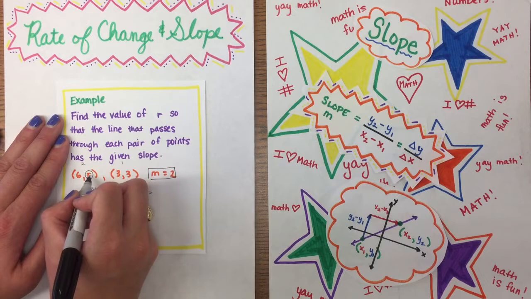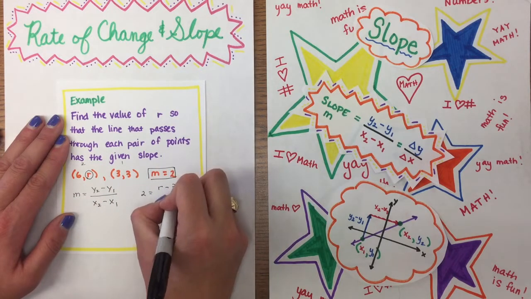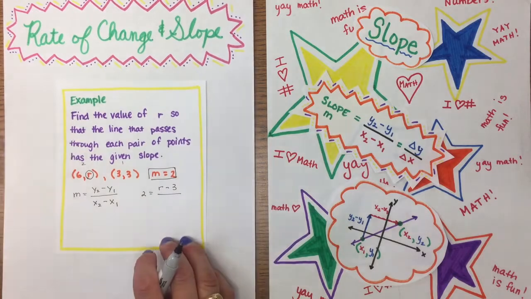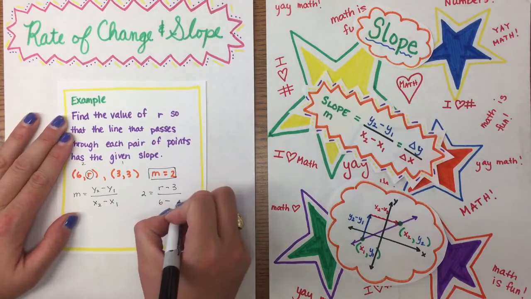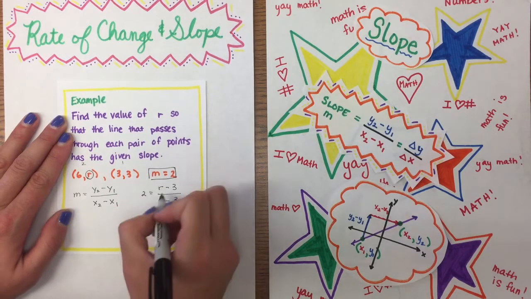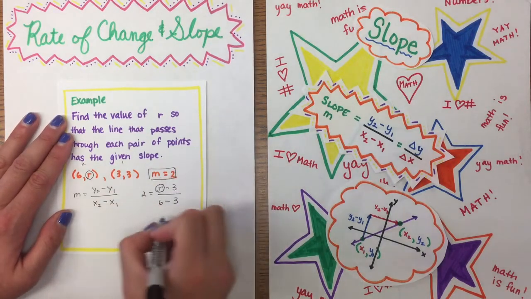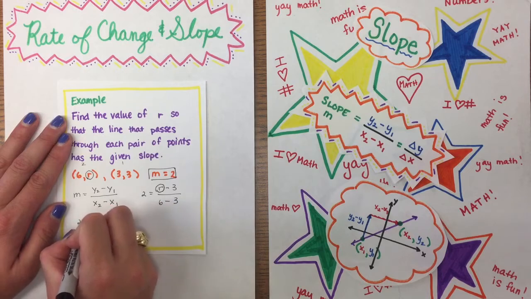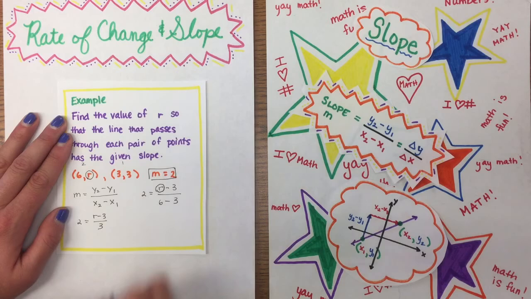My y2 value is r. My y1 value is 3. So that's r minus 3 in the top. The x value that goes with r is 6, minus the x value that goes with 3 is 3. There's only one unknown in this equation, so I can go ahead and solve this. I'm going to simplify things first. So I have 2 is equal to r minus 3 divided by 3.